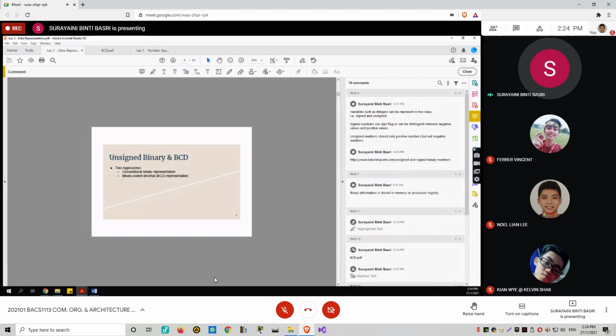For the unsigned binary integer type, there are two approaches to convert this type of number into binary, because we want the computer to understand the unsigned binary numbers. So we need to convert all of the unsigned numbers to 0 and 1, so that the computer will understand it.